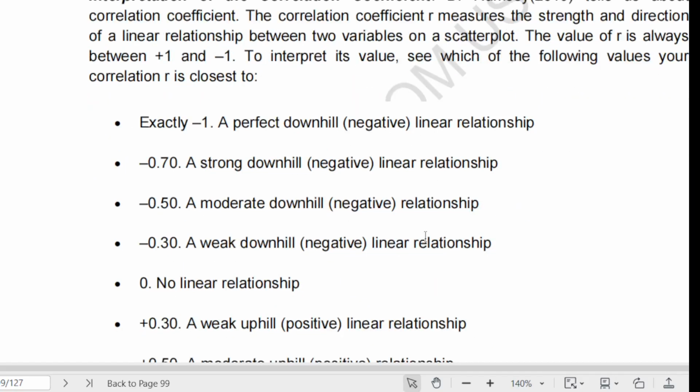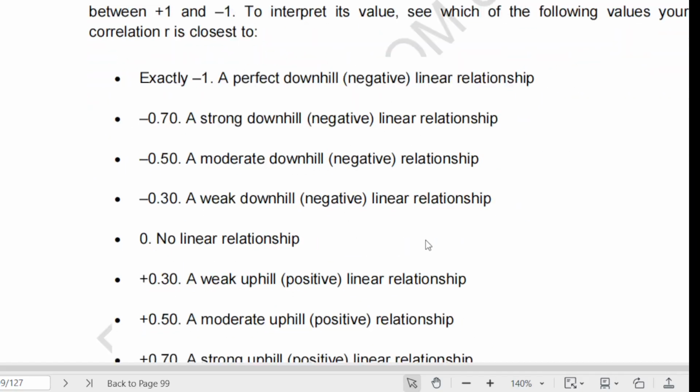And interpretation. Okay, so for our correlation coefficient, Ramsey 2019 tells us about it. The correlation coefficient r measures the strength and direction of the linear relationship between two variables on a scatter plot. The value of r is always between positive 1 and negative 1. To interpret this value, consider the following: a correlation closest to exactly negative 1 is a perfect downhill, that is, a negative relationship.